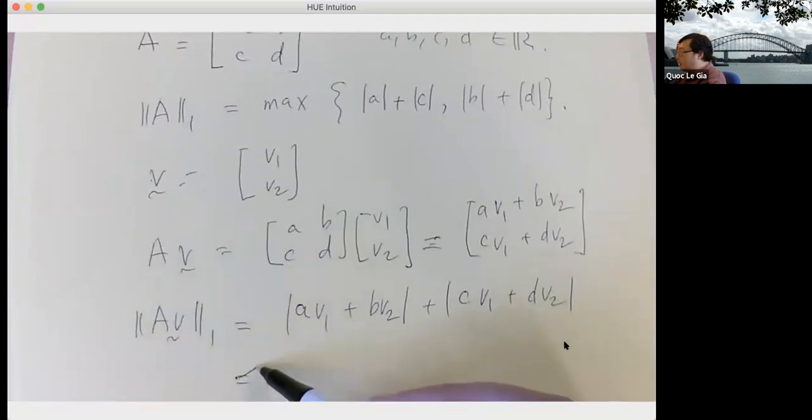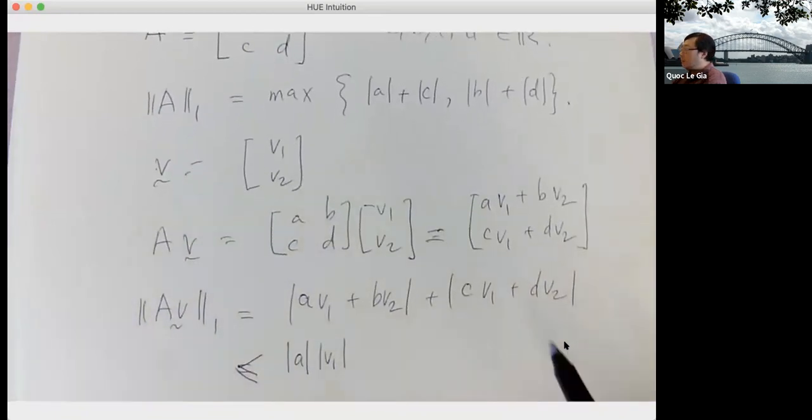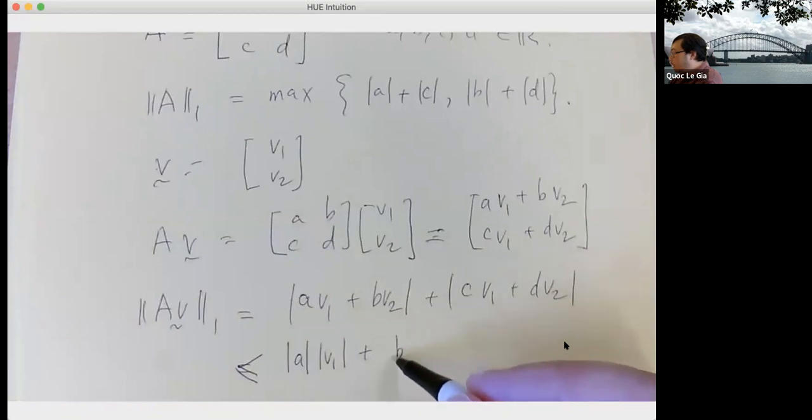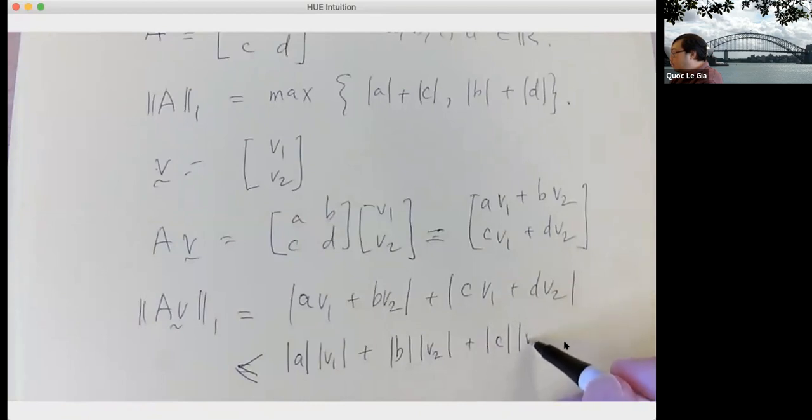This is less than or equal to |A||V1|, because the numbers can be positive or negative, so we have to be careful, plus |B||V2|, plus |C||V1|, plus |D||V2|.